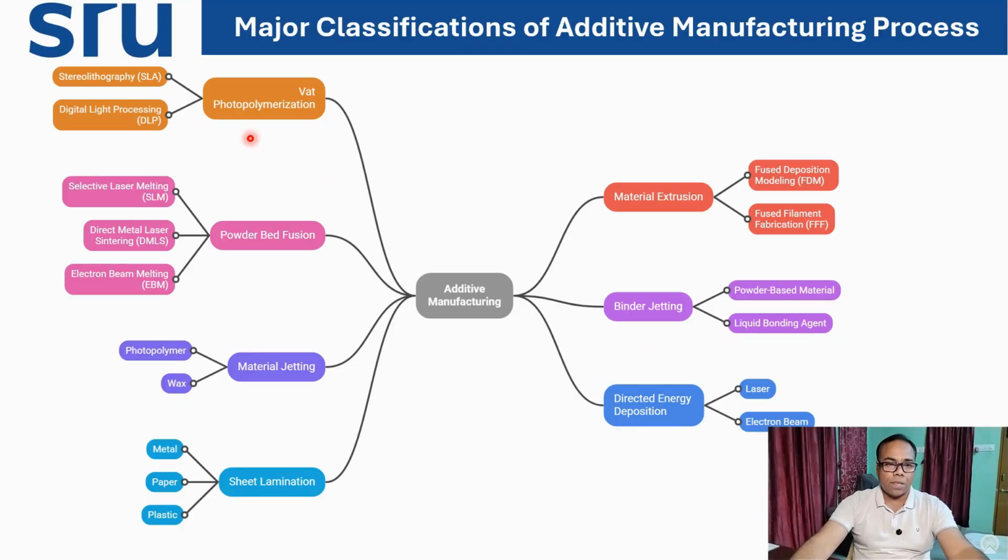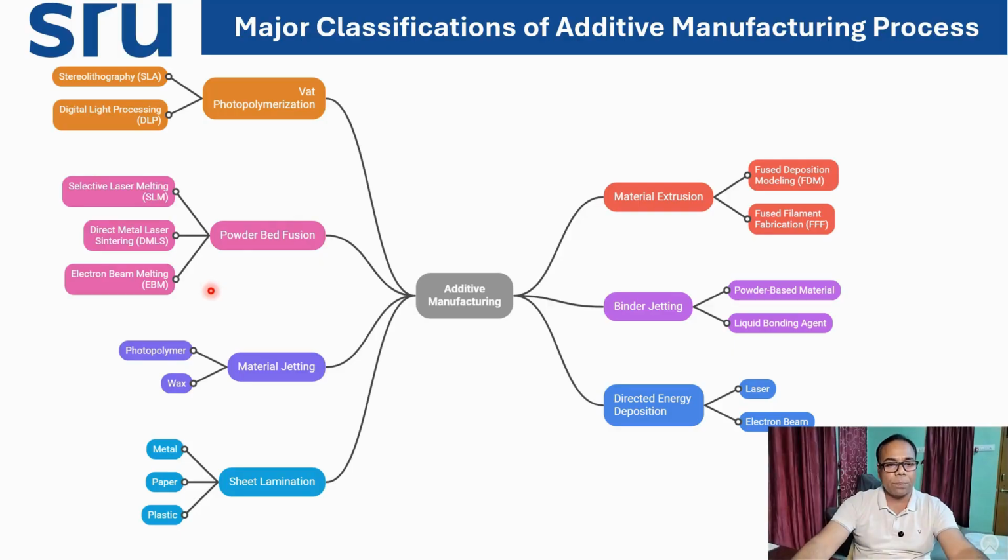Further, this classification is divided into subsections. Vat polymerization is divided into two types, stereolithography and digital light processing (DLP). Powder bed fusion is divided into the selective laser melting process, direct metal laser sintering or DMLS process, and electron beam or laser beam processes.